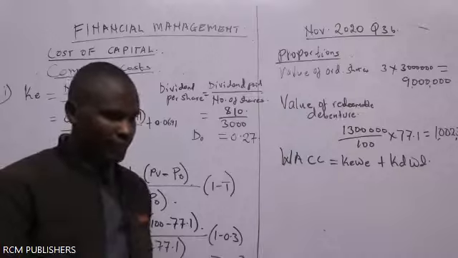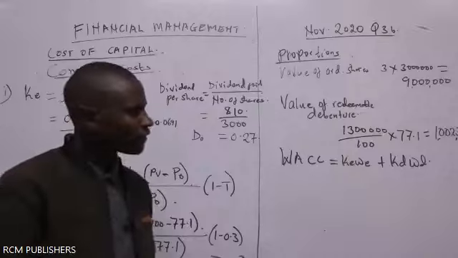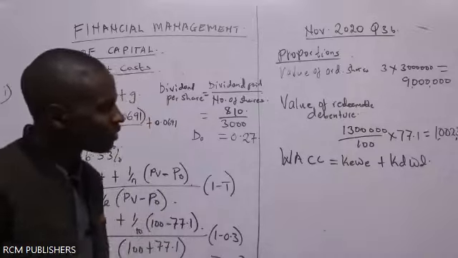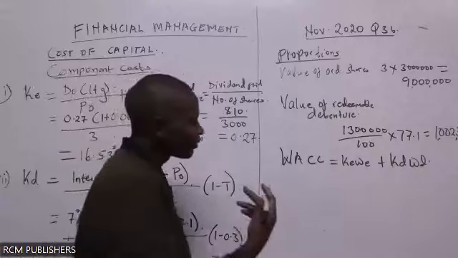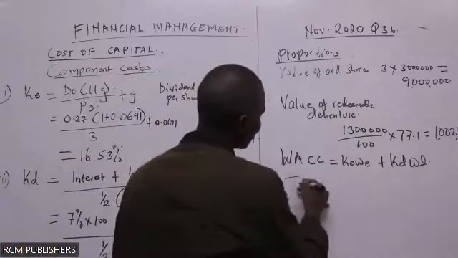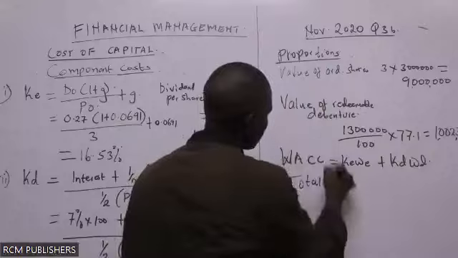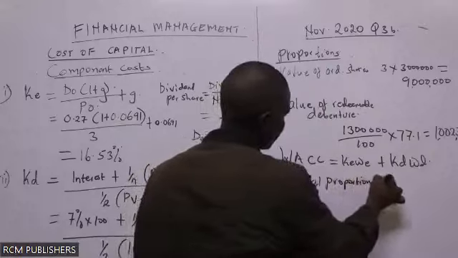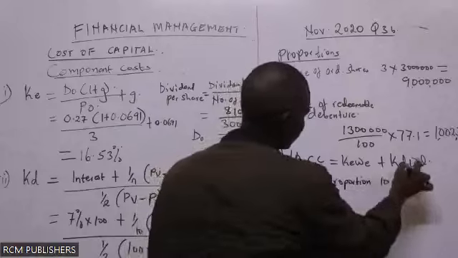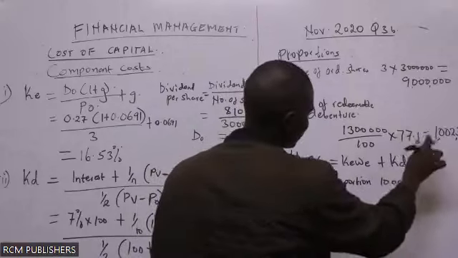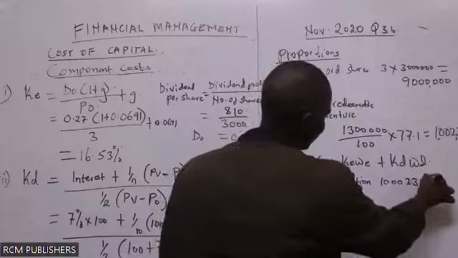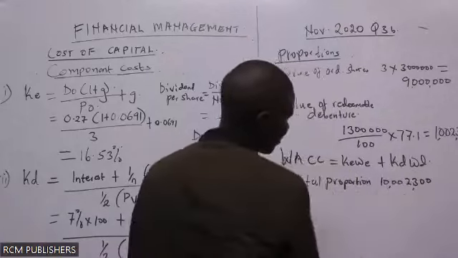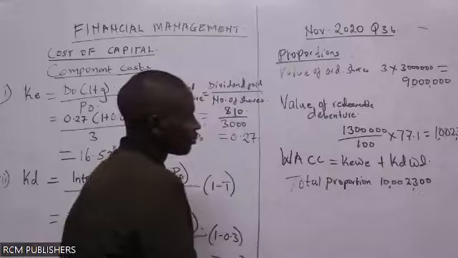We are getting 10,0023,00. So the total proportion is 10,023,00. I hope that is correct. That is correct.